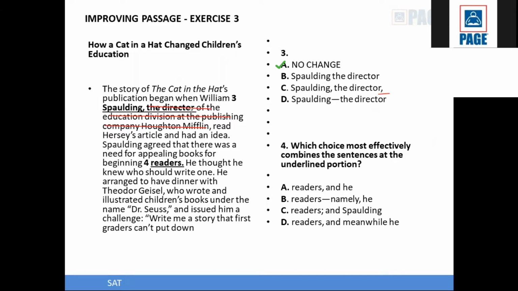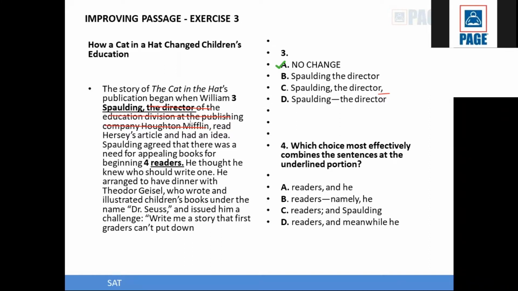If you have a comma after director, Spalding, comma, the director, then why do you need to write of the? Just director is enough. There is no need for the education division of the publishing company. Director, you are explaining who this person is. You are not going to explain the director. If you're going to explain the director, then you can have a comma.